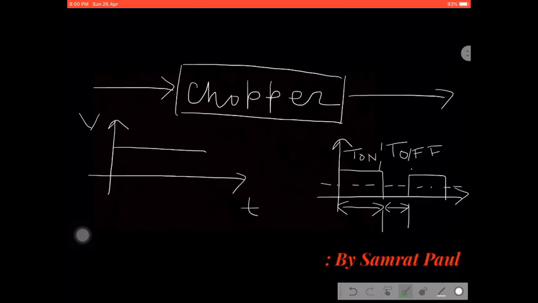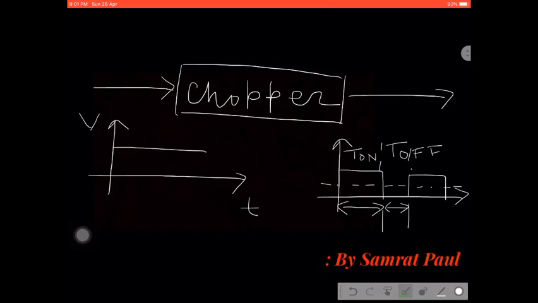The selection of the switch depends on what type of application we are going to apply. If we require high frequency switching, then the selection of the switch will be different. If we require a switch which can block the maximum output voltage during the off state, then the switch will be different. That is why, on the basis of the application, we can apply different kinds of switches for a chopper circuit.